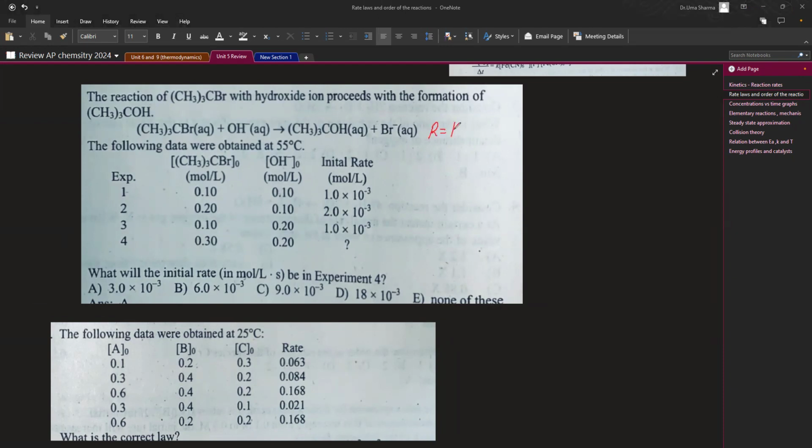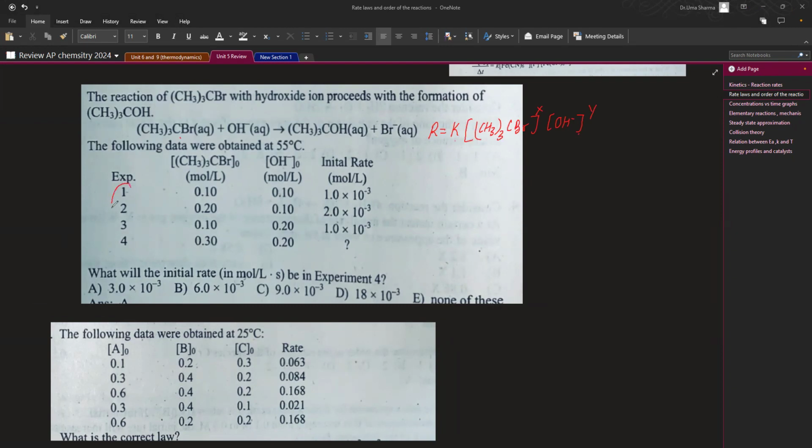Rate equals K times concentration of this reactant, (CH3)3CBr, tertiary butyl bromide, and OH minus, raised to power x, raised to power y. This is the assumption. K is the, what is K? Rate constant.